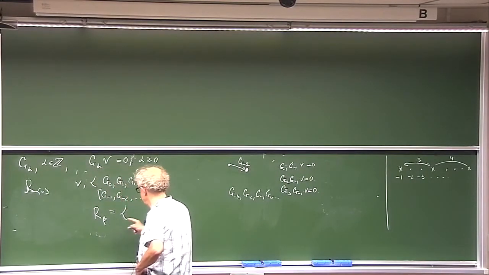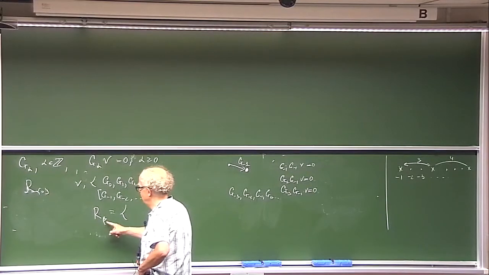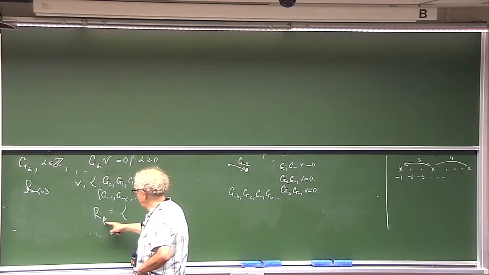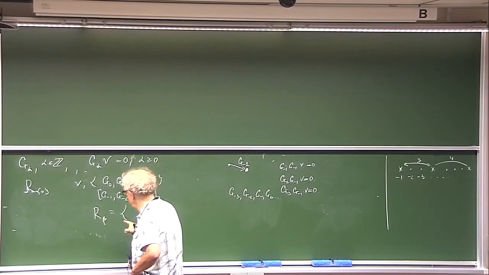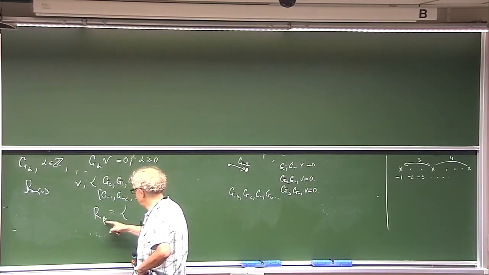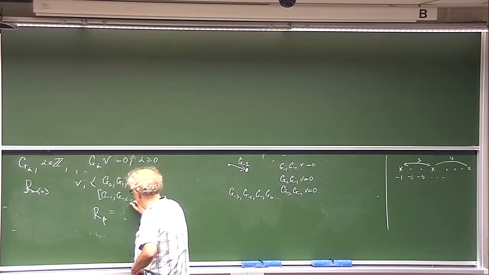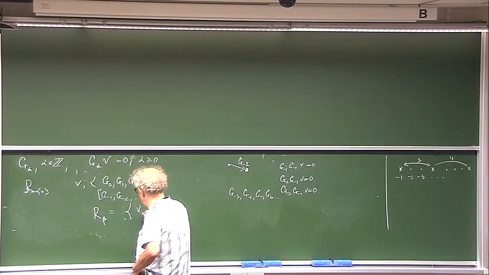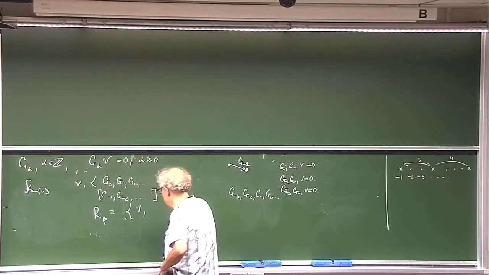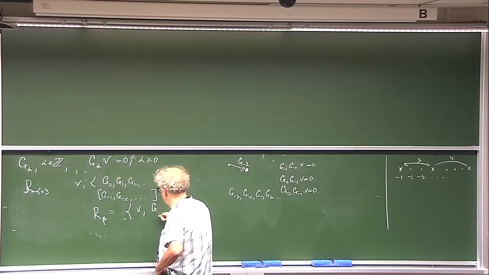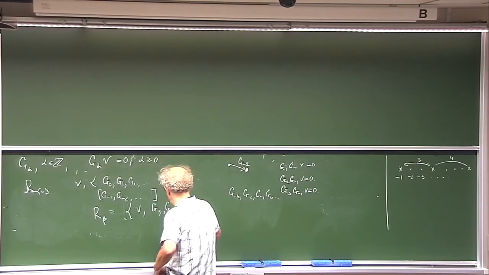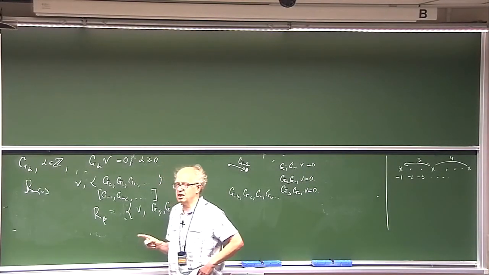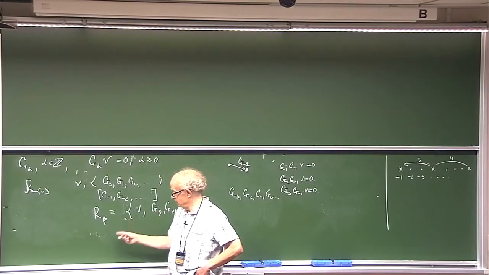So this representation beta is what I use for the first component, which is killing the highest weight vector. The definition of R beta is the following: it is generated by V, and I know that G beta plus 1, and so on, are killing the highest weight vector, and all other G generate new things.